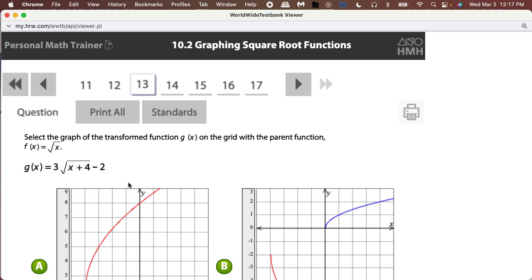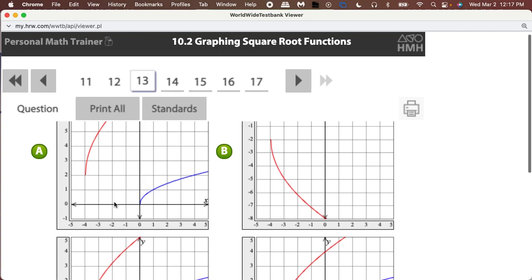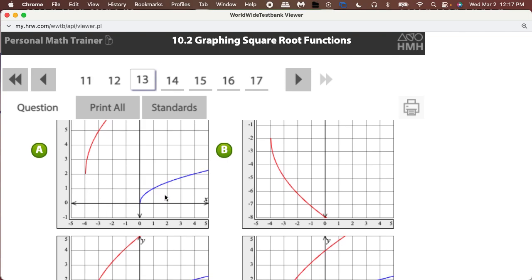So no reflection. My square root function, my fountain of youth, will be squirting higher, but still in the same direction as my original square root function. And it will be beginning at -4, -2. So this one's -4, +2.